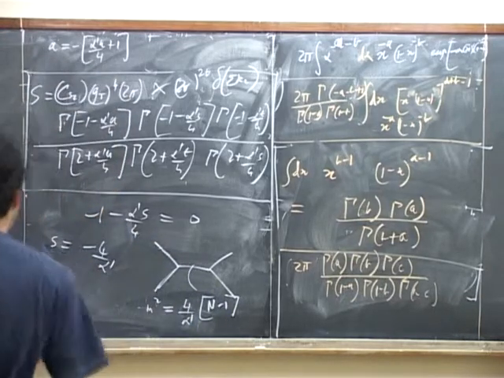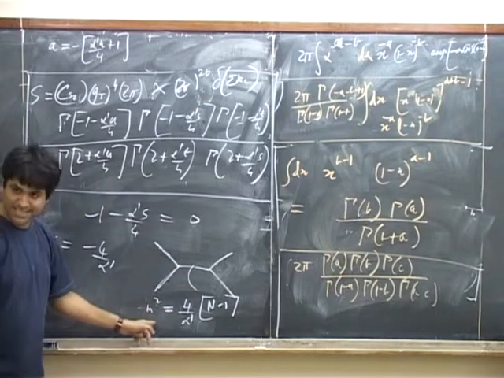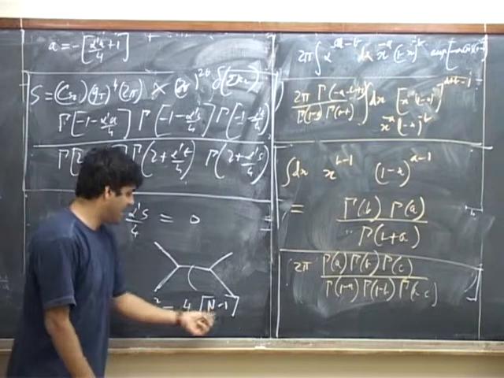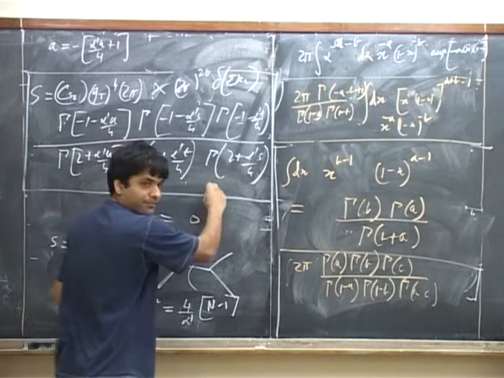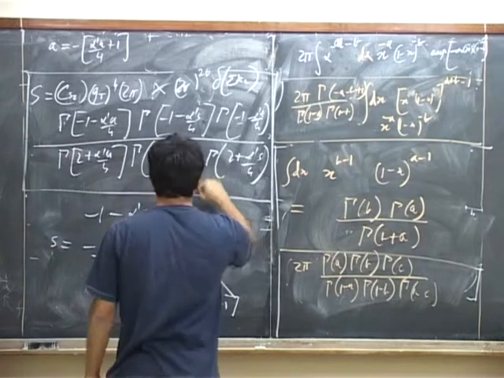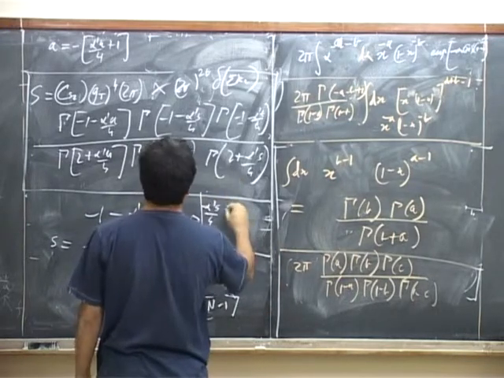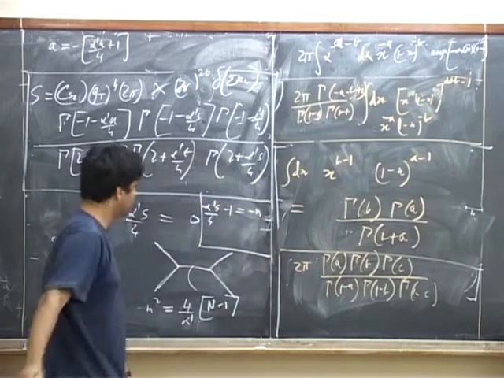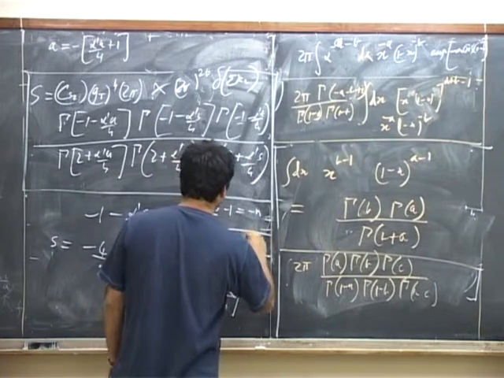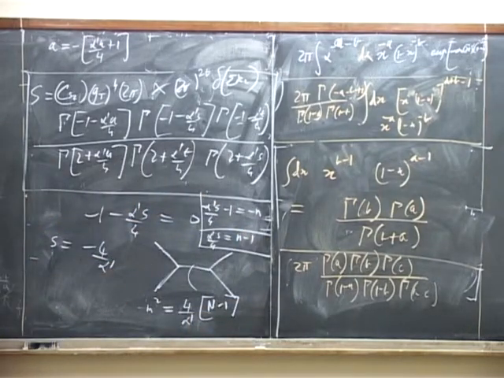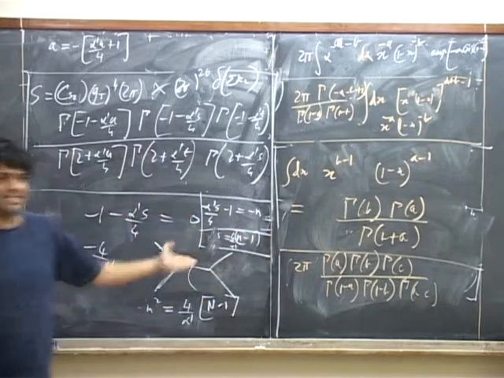So from general considerations, we should expect a pole in S at every value of S that takes this form for any integer n. Now let's check, when do we actually have poles? We have poles when alpha prime S by 4 minus 1 is equal to minus n, which tells you that alpha prime S by 4 is equal to n minus 1. So S is equal to 4 by alpha prime times n minus 1. We see it's exactly the same places.